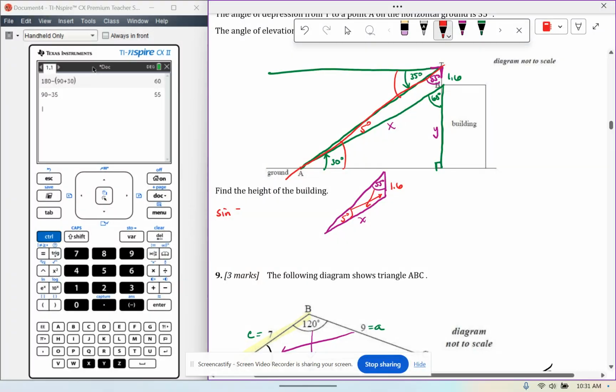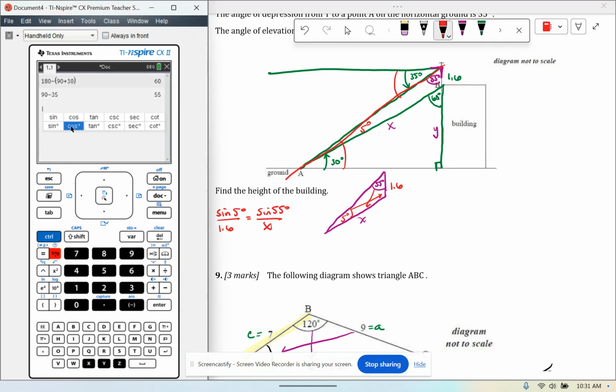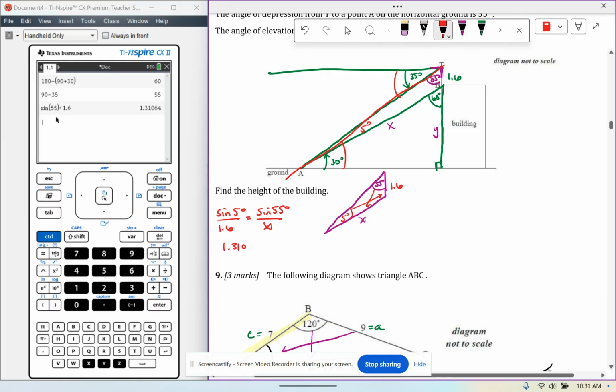I'm going to use law of sines. So I've got the sine of 5 degrees goes to 1.6 as the sine of 55 degrees goes to x, and I'm going to cross multiply. So the sine of 5.